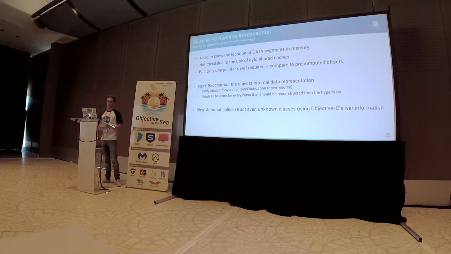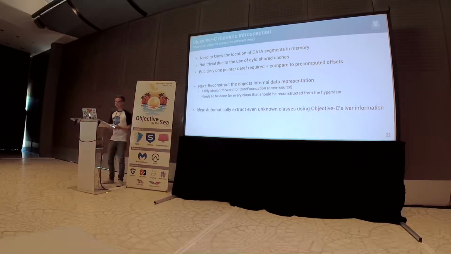This is pretty straightforward because they're open source, so you can just look inside them to see how they store the data internally. You need to implement some logic, and then finally you'll be able to retrieve the string from the hypervisor. And this needs to be done for every single class that you want to extract, because the layout is different. To automate this, maybe it's an idea for the future.